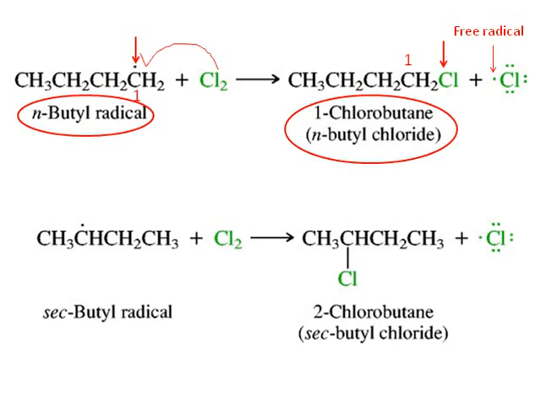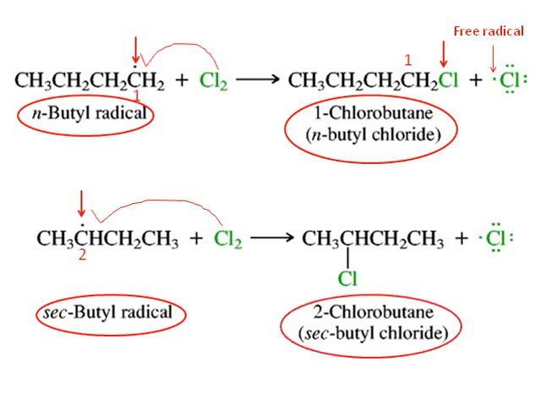So from the secondary butyl radical, there is one unpaired electron at the carbon 2 which will react with the chlorine free radical produced from chlorine molecule, and it will create 2-chlorobutane, where chlorine will be added at the carbon 2 and chlorine free radical is again generated.